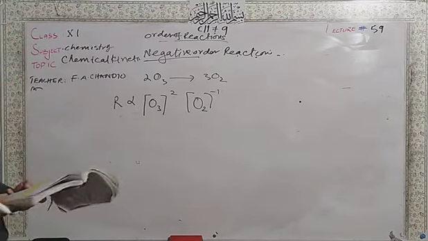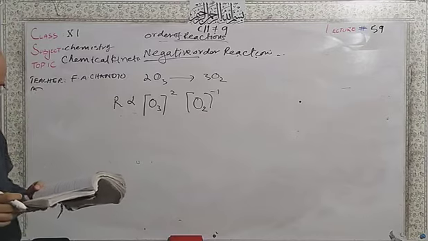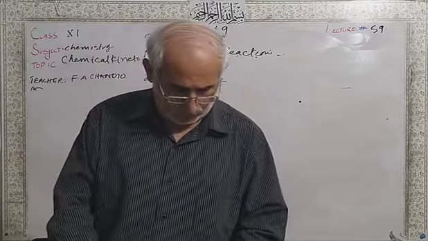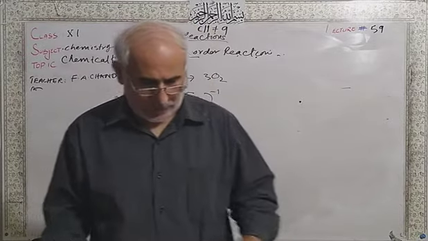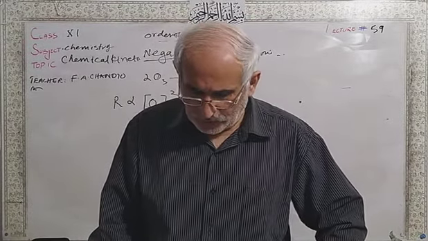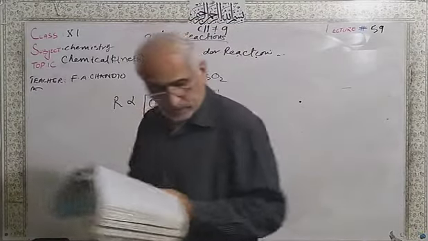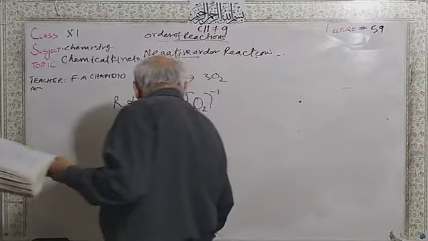When the concentration of oxygen doubles, the rate becomes half. So this is called a negative order. So these are the orders of reactions we completed.